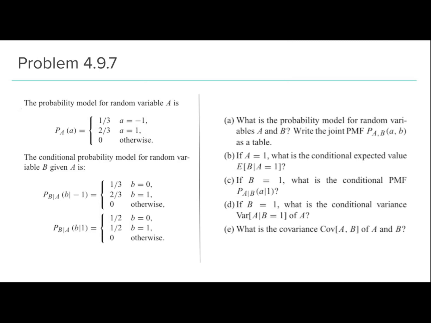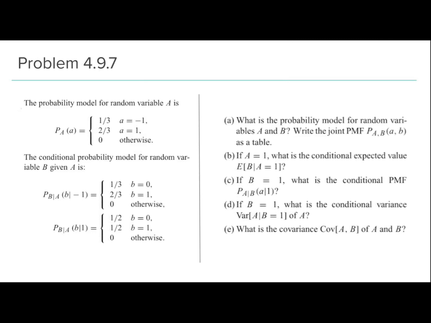And the next part is P of B given A, given A is equal to 1, is 1 by 2 for b equal to 0 and 1 by 2 for b equal to 1 and 0 otherwise.